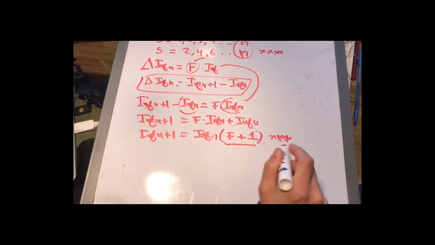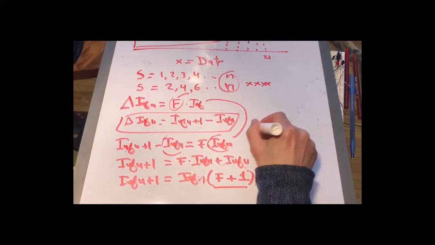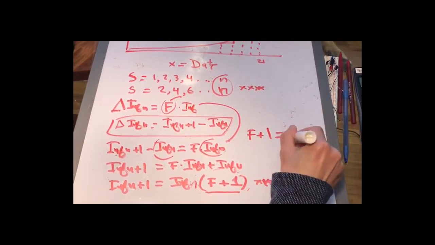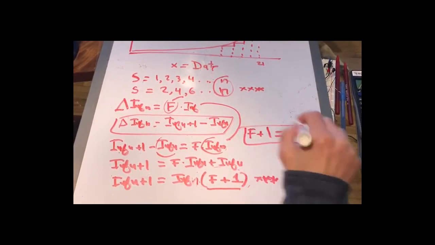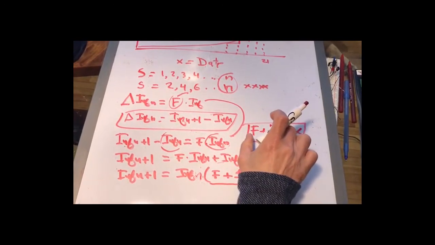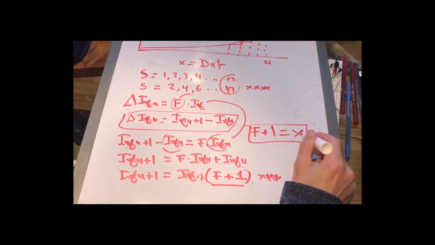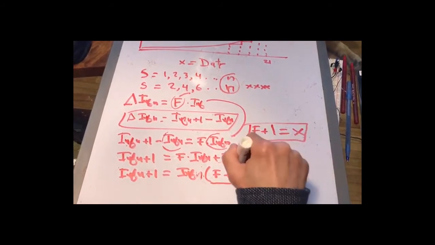So what I'm going to do is a trick that we use in math. Look here, I'm going to say f plus 1 is equal to x. I can use t or b or whatever. This is just a variable. I don't want to use this expression here. I want to use only one variable here. And after that, I'm going to replace here.